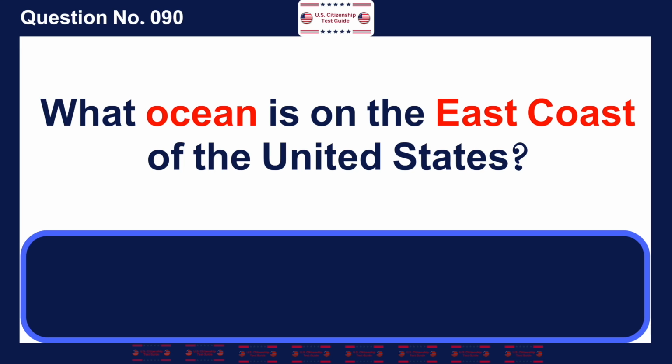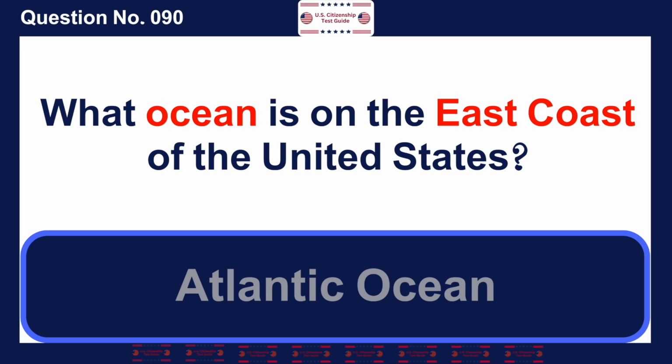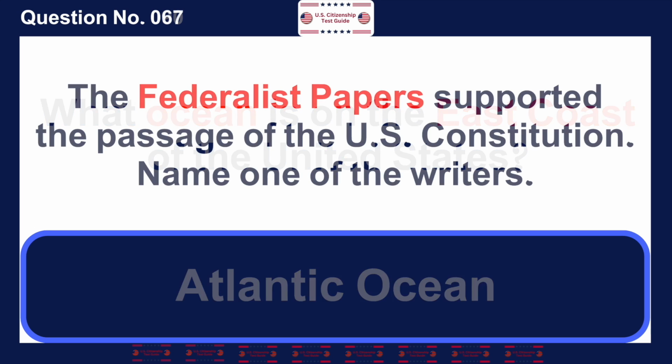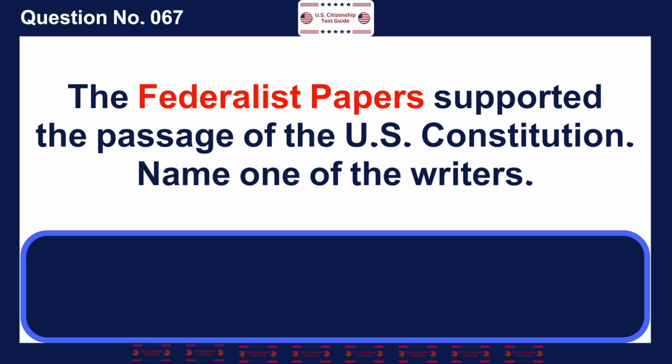What ocean is on the east coast of the United States? Atlantic Ocean. The Federalist Papers supported the passage of the U.S. Constitution. Name one of the writers.